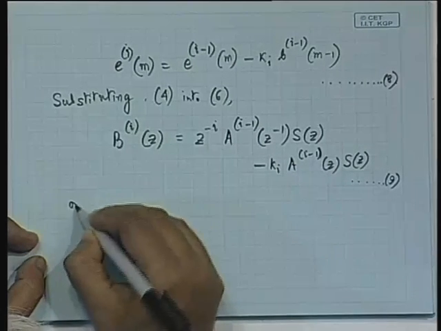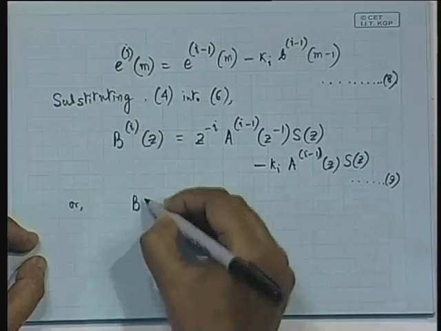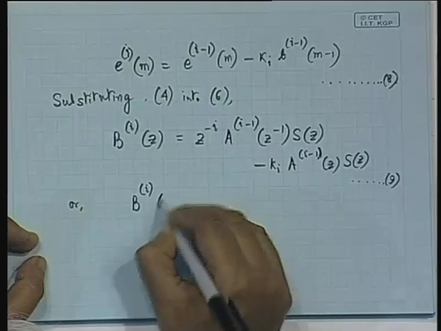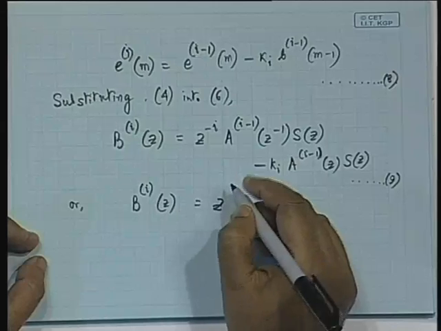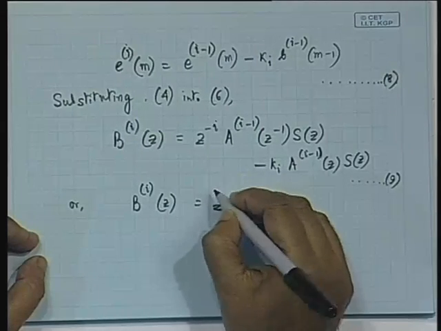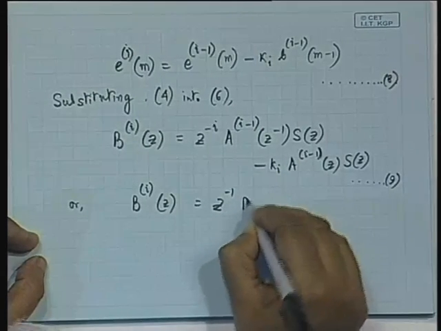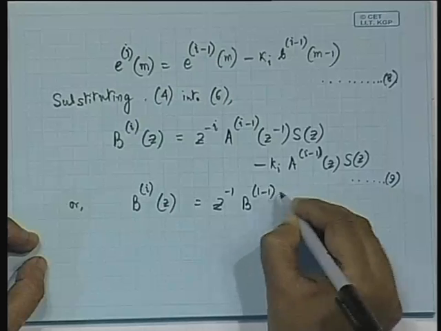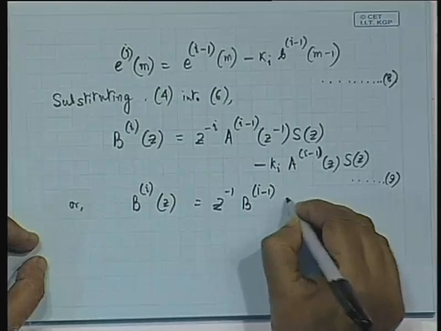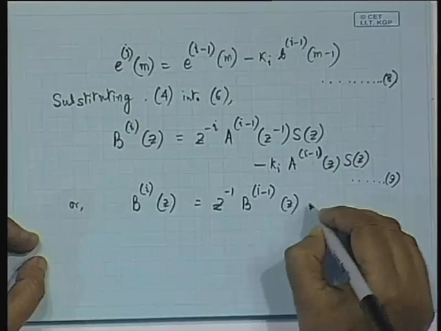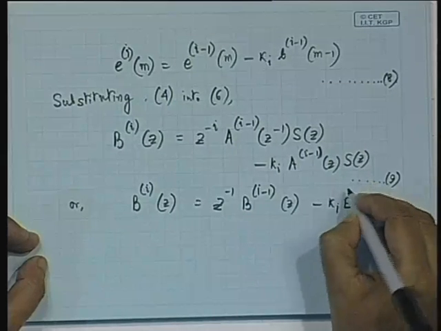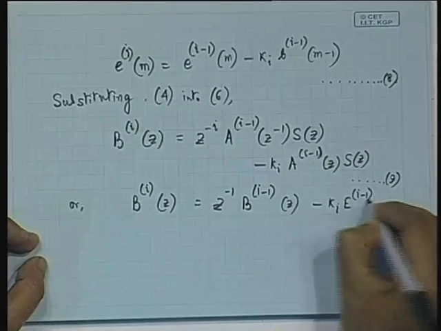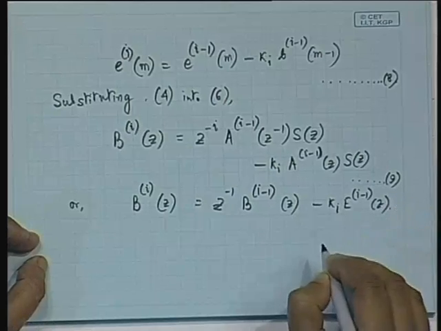Or rather, in a better form, B I of z can be written as z to the power minus 1 into B I minus 1 z. By simplification, it is possible to show this: B I minus 1 z minus k I E I minus 1 z.